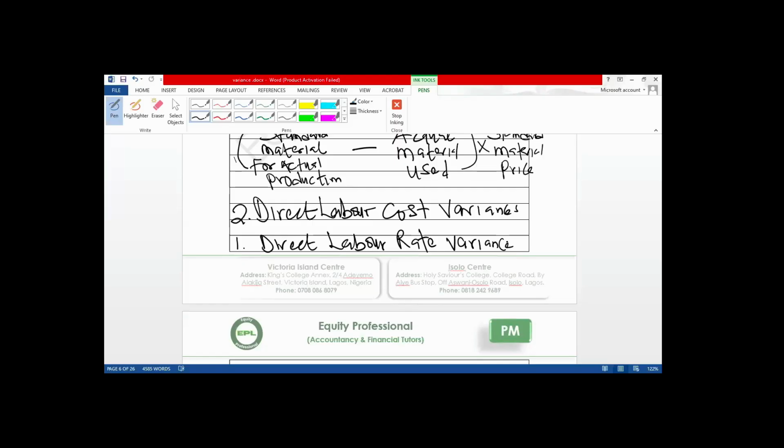That will give rise to direct labor rate variance.